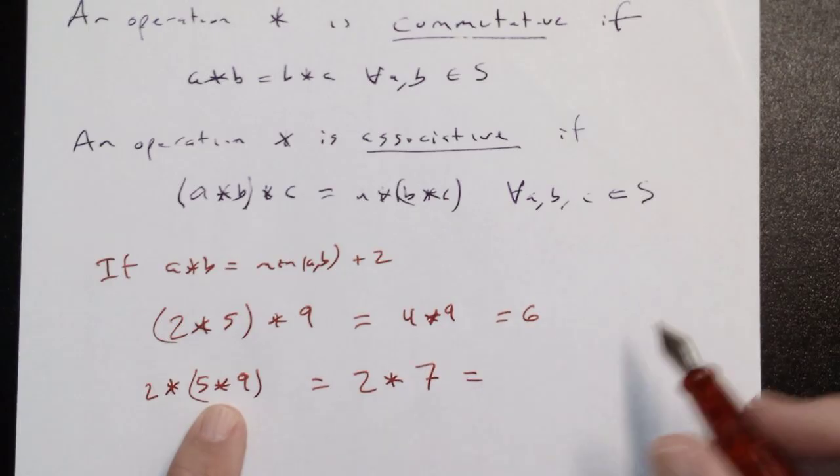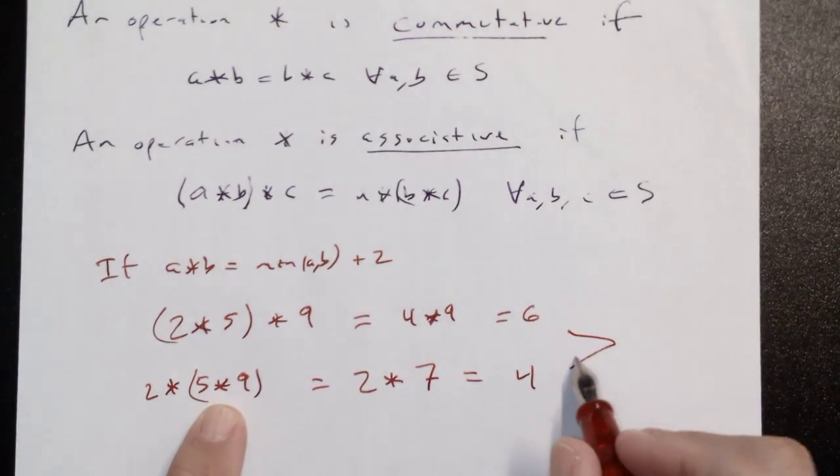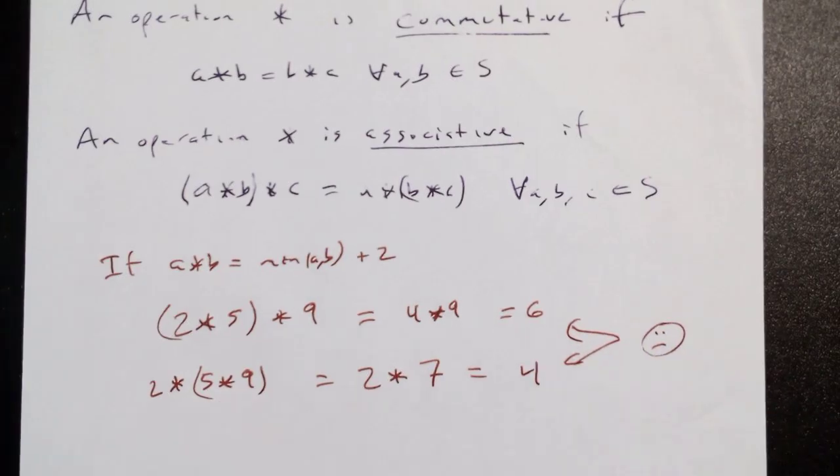But 2 star 7, they're different. And again, if I find one out of place example, it can't be associative, because associative and commutative are universal problems.